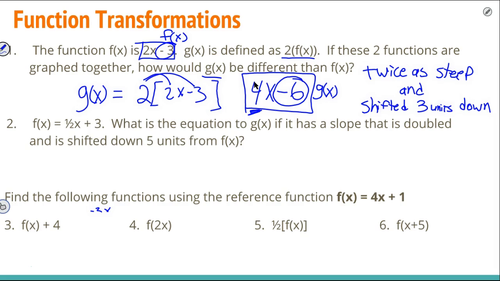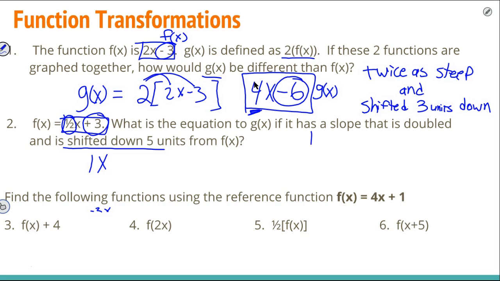Number 2, f of x is 1/2 x plus 3. What is the equation to g of x if it has a slope that is doubled? Well, 1/2 is my slope. If I double that, I get 1x. And it is shifted down 5 units. Well, right now it's at 3.